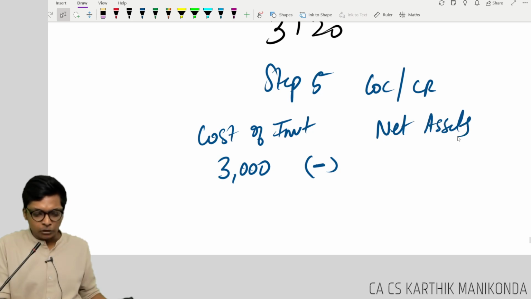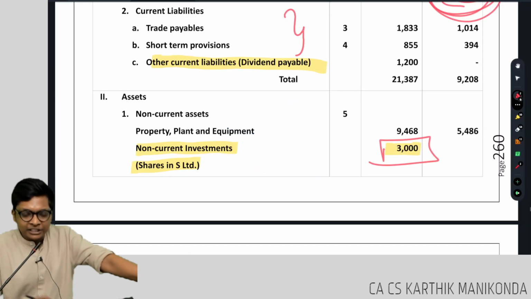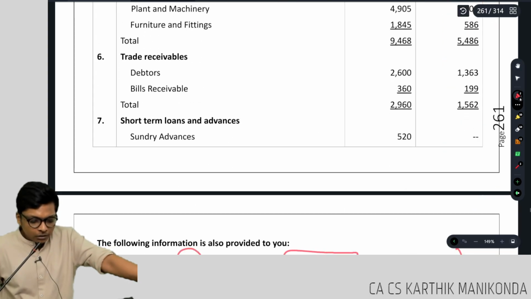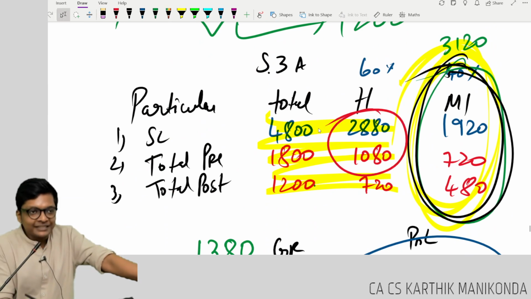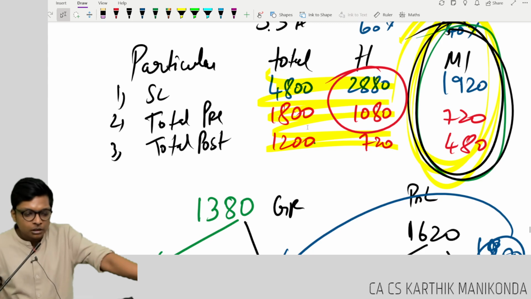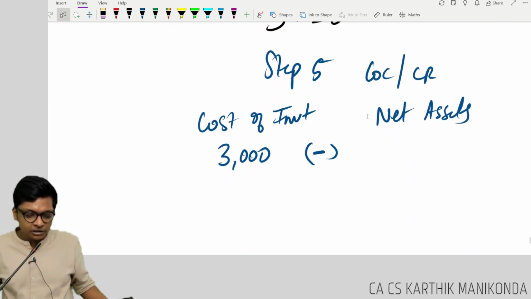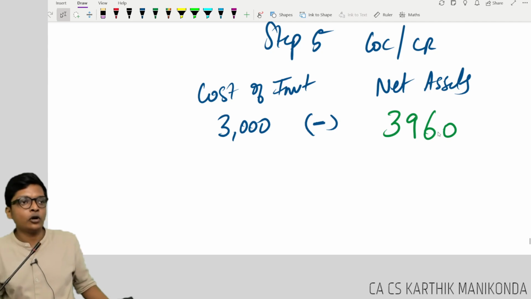No, let me do it first normally. How to find that? From this table. Correct. I will add both of these. How much? 2880 plus 1080. How much? 3960. Are you following, guys?